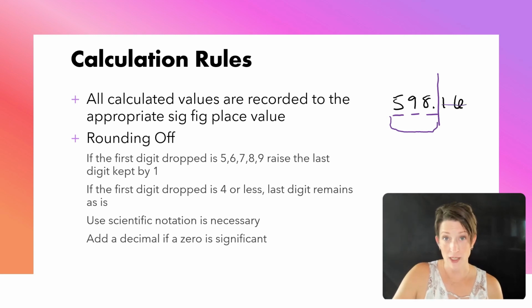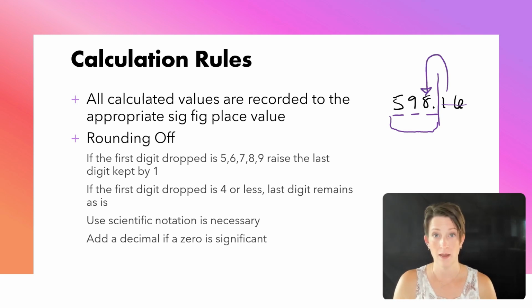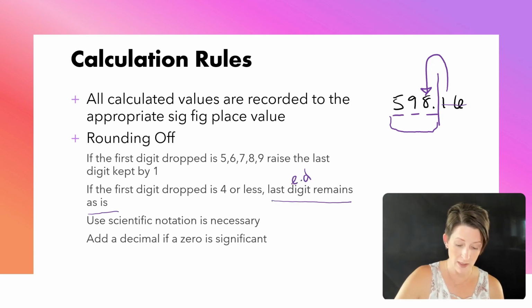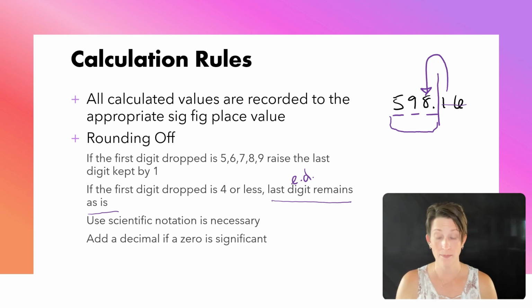The first digit in my throwaway category may or may not affect my estimated digit, that last significant figure. Because it is a 1, the last digit, and this is what we call our estimated digit, remains the same.